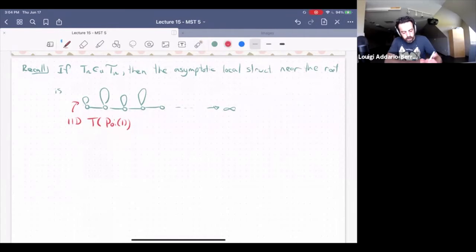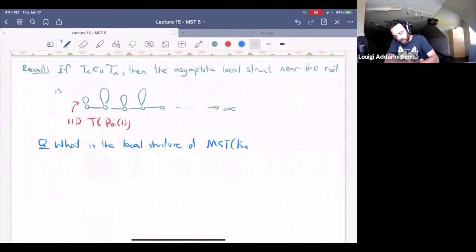Okay. And so now we'd like to ask and answer the question: what's the local structure of the MST of Kn with IID uniform weights?